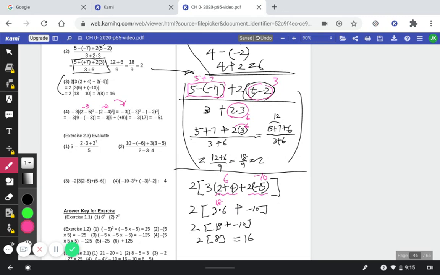So when you have quantity of negative 3 squared, which means negative 3 times negative 3, you end up with positive 9. So this whole thing becomes positive 9 minus negative 2 to the third power, which means negative 2 times negative 2 times negative 2, 3 of them. So you end up with negative 8.